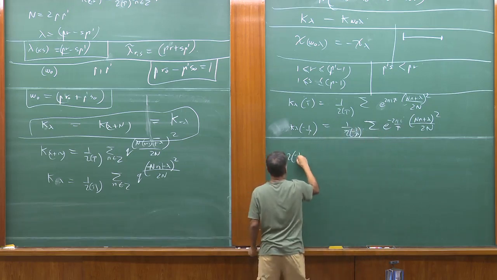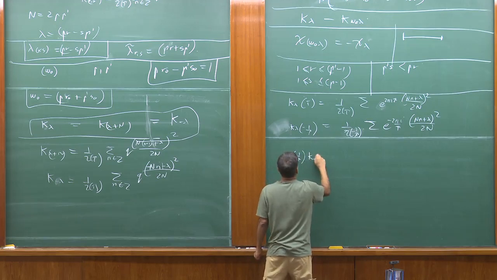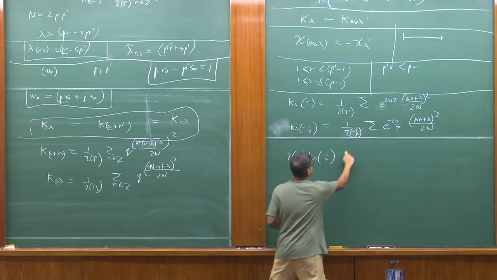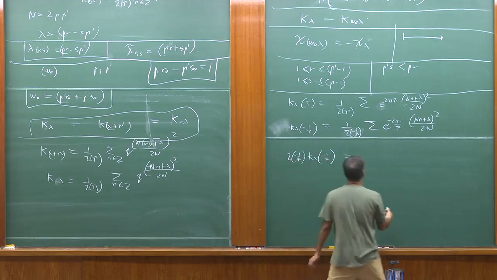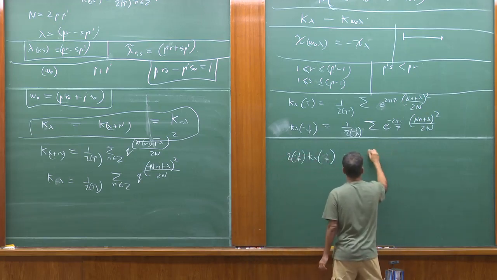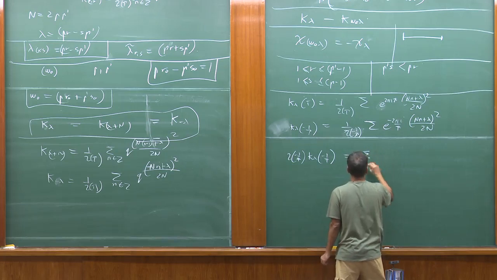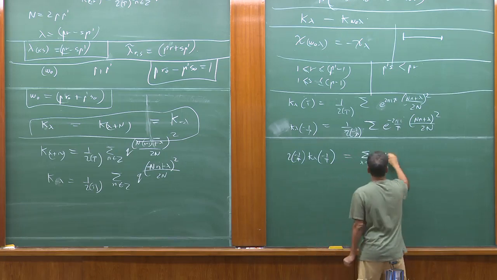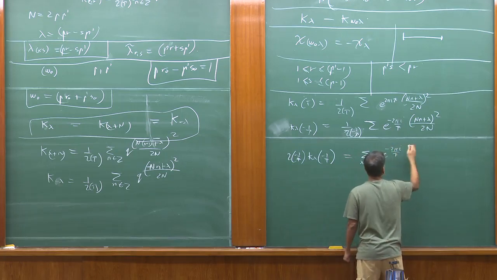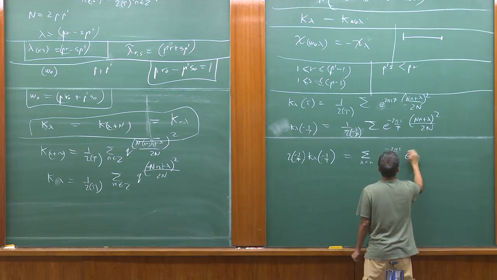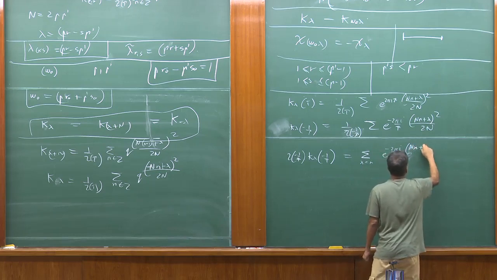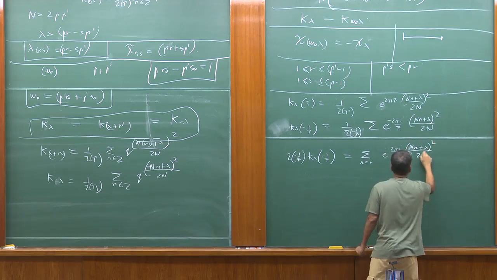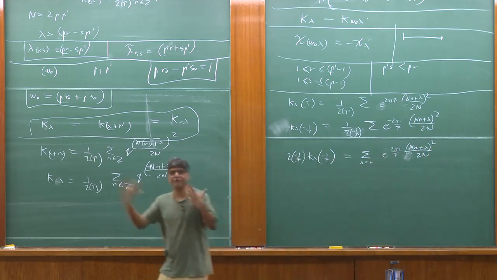So eta of minus 1 by tau times k_lambda of minus 1 by tau is equal to, and now we'll write this as a sum over x equals all integers of e to the power minus 2 pi i by tau times e to the power (n x plus lambda), the whole thing squared divided by 2n. So this is the f of x, the function that we're summing over all integer values.